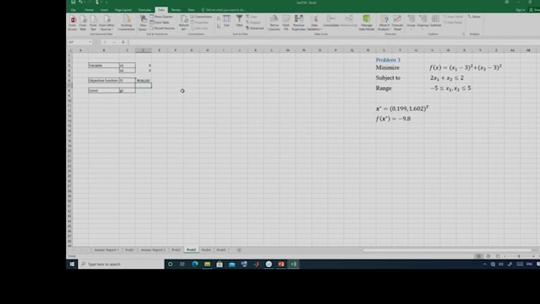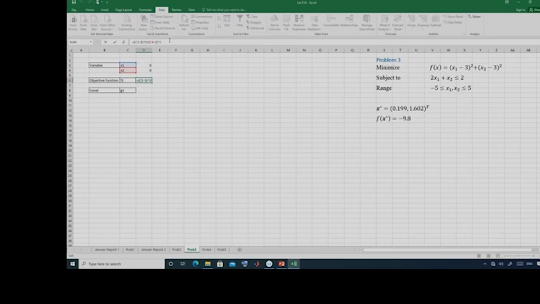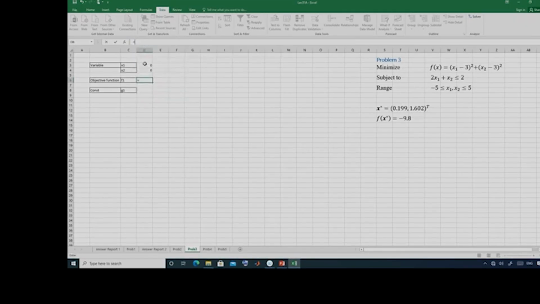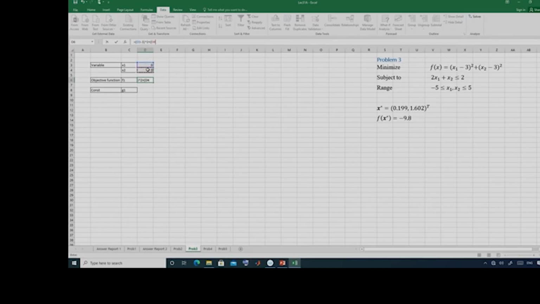So, this is x1 minus 3 whole square plus x2 minus 3 whole square.